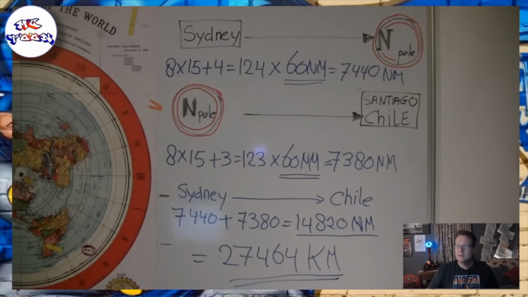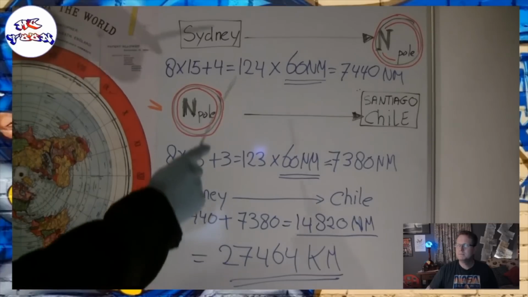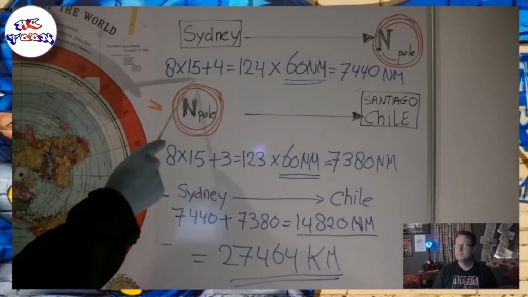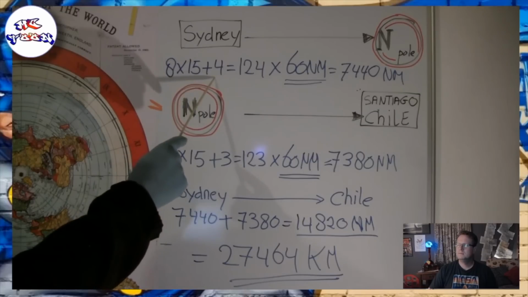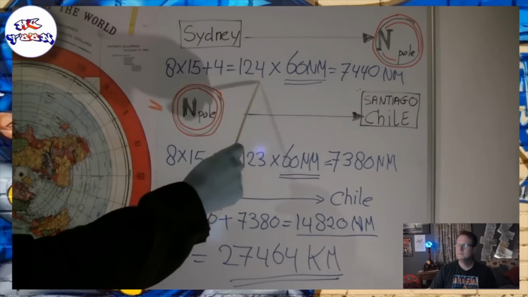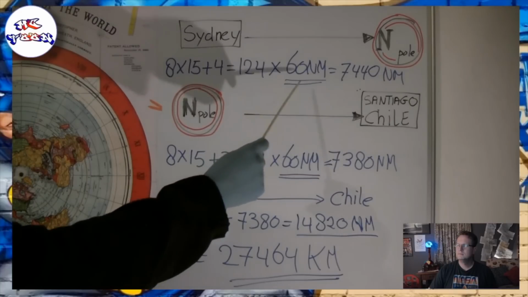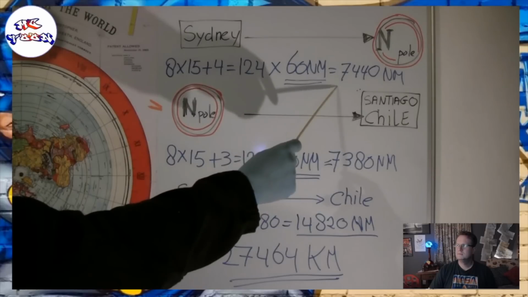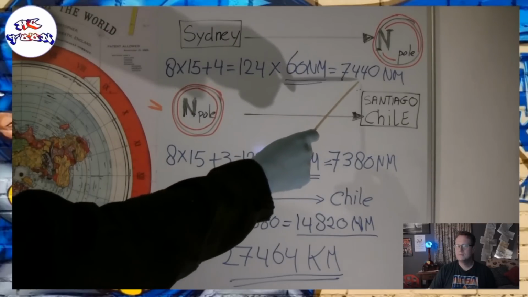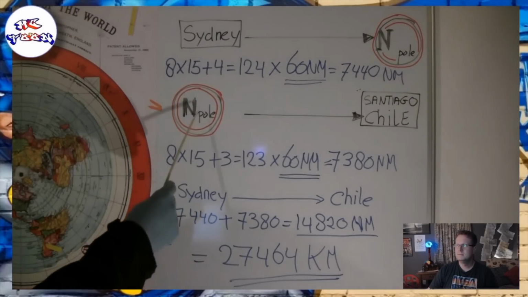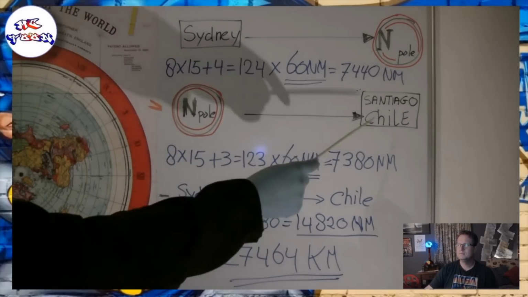It means the distance from Sydney to North Pole, it's 8 times 15 degrees for each latitude line, plus 4 degrees to reach Sydney. That equals to 124 degrees times 60 nautical miles, makes a total of 7,440 nautical miles. And that's correct. We do the same from the North Pole to Santiago de Chile.